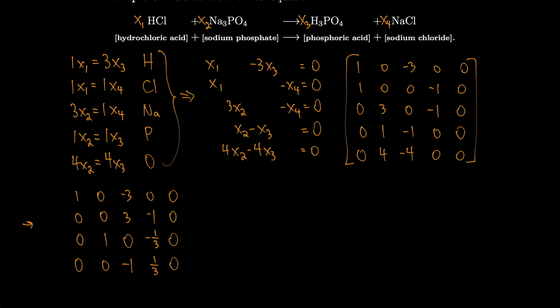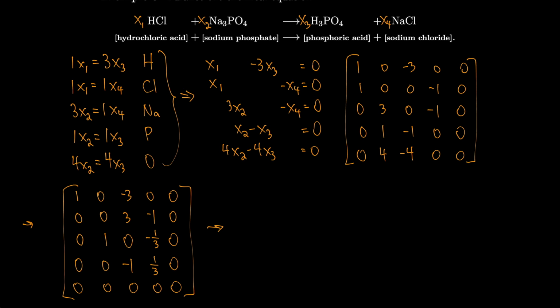And then my last row, notice, is just a multiple of this one. So I could just add a multiple of this one to it to cancel it out. So I just get zeros. That shouldn't be surprising from the very beginning. We saw if 1x2 equals 1x3, it's the same thing as saying 4x2 equals 4x3. It's redundant.